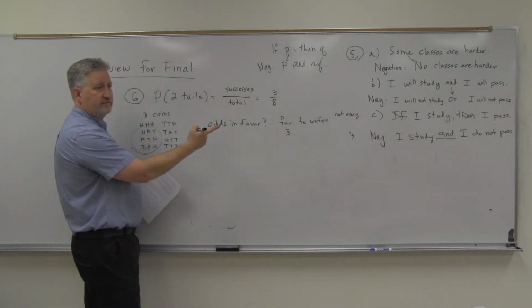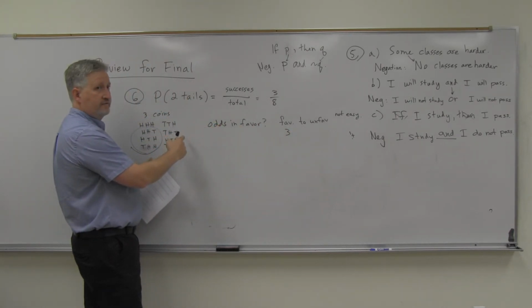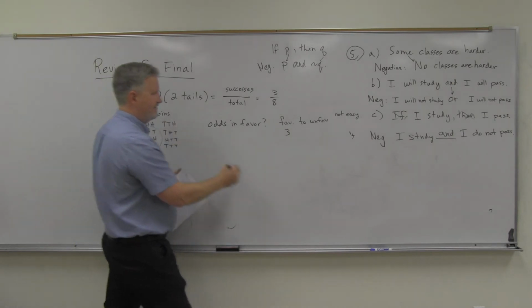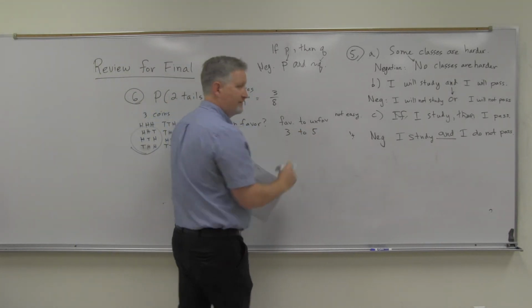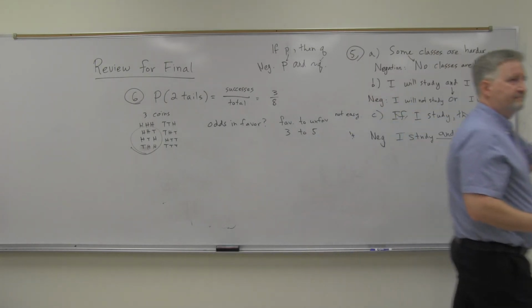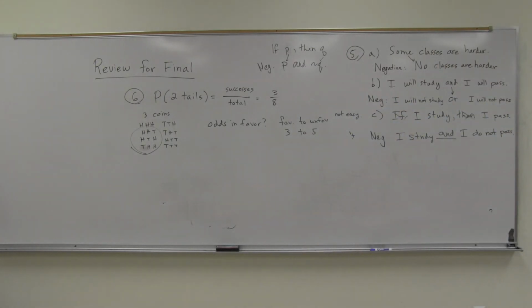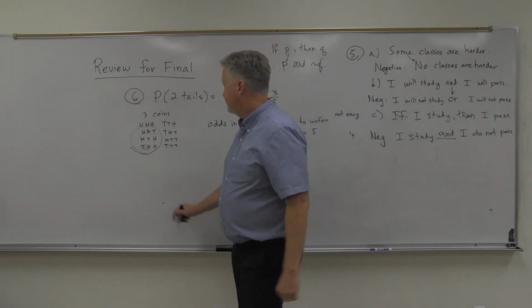How many are unfavorable? 5. 1, 2, 3, 4, 5. Try to keep that with the odds.